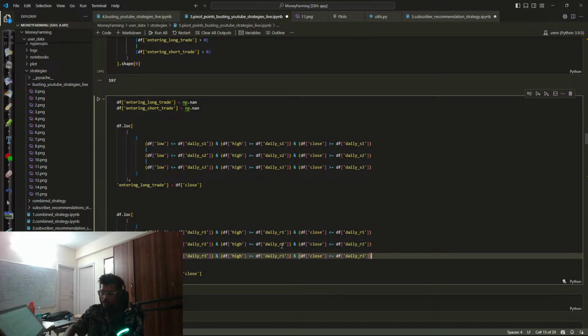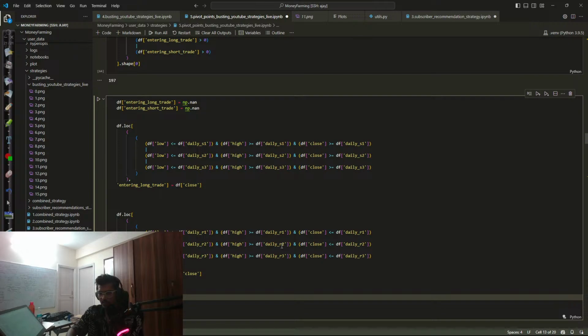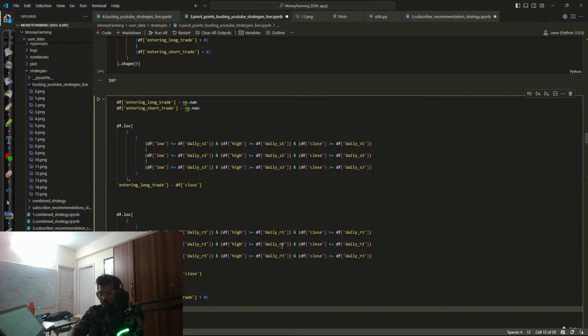Okay, so let's see how many signals we got. Entering long trade is greater than 0.